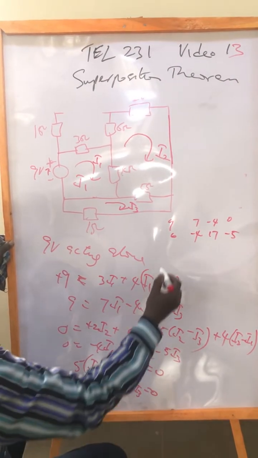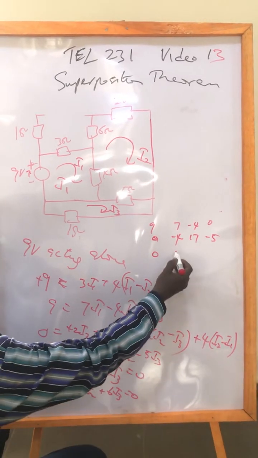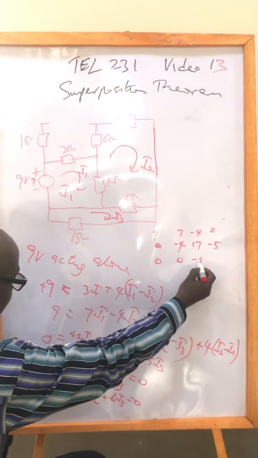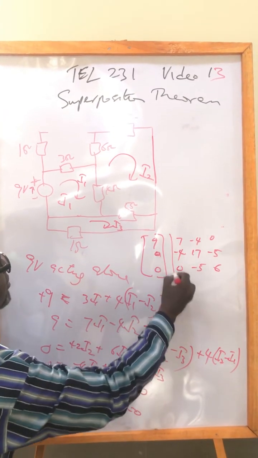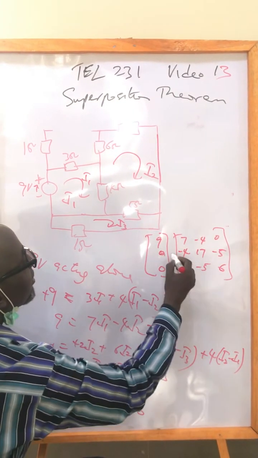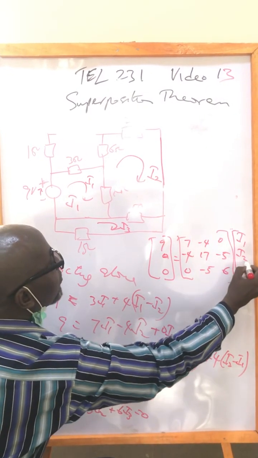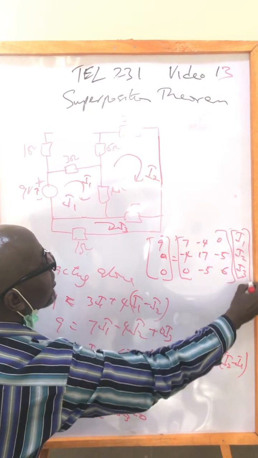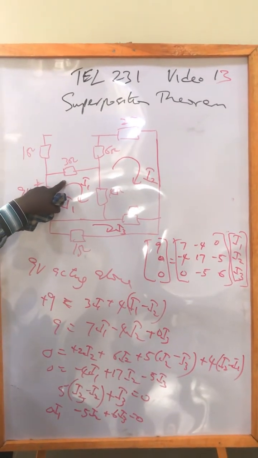For the last one, this will be 0, minus 5, and 6. And this will be I1, I2, I3.